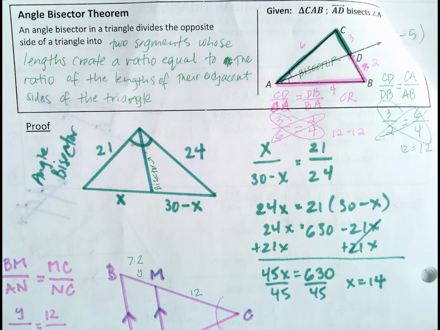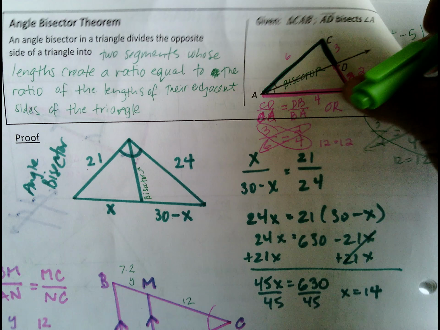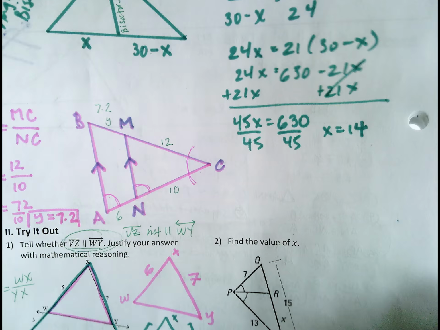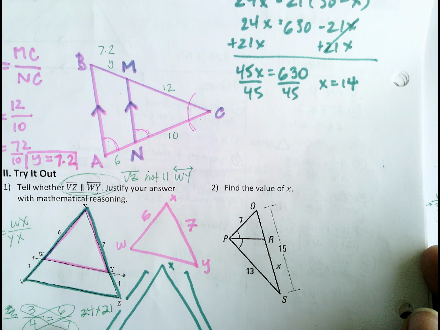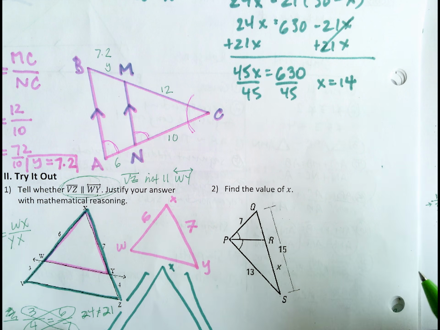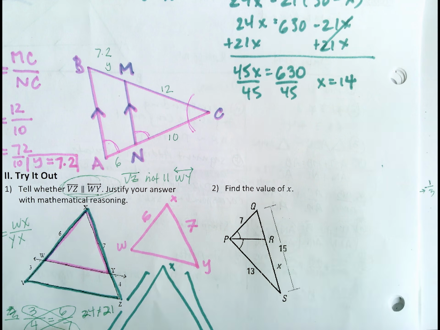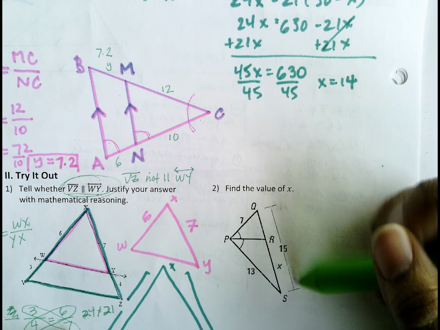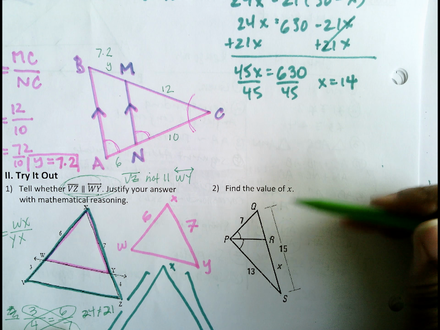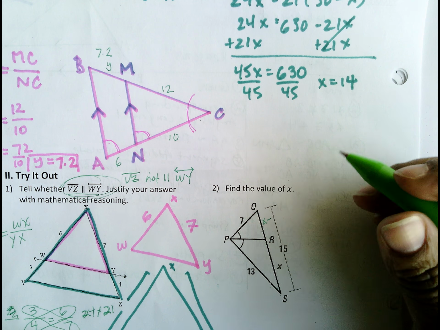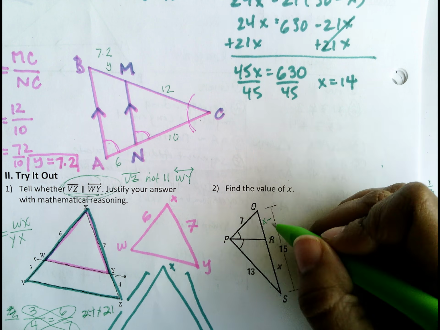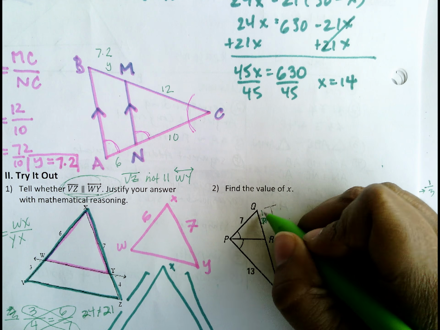Okay, so we're going to apply that to this last try it out. It says to find the value of x. The first thing that I see is that I have an x here, but then they tell me that the whole thing here is 15. So then this is going to be 15 minus x.